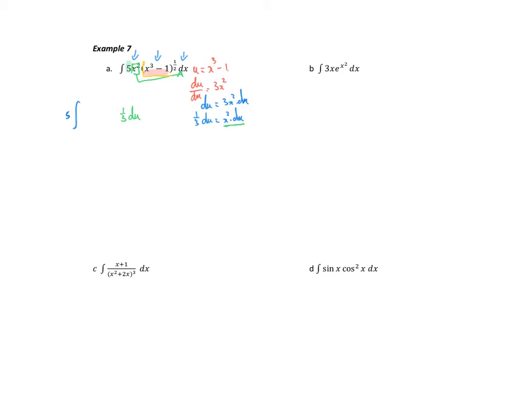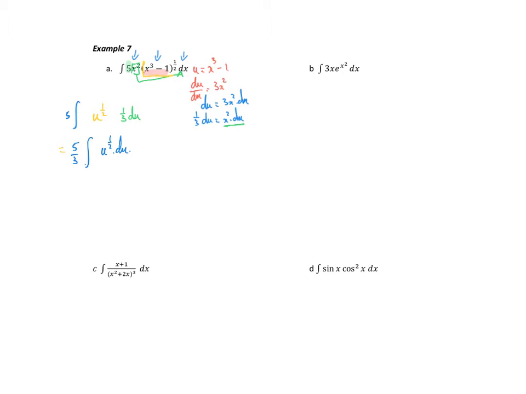That leaves me with x cubed minus 1 to the power of a half. x cubed minus 1 is u, so that's the same as u to the power of a half. So if I tidy this function up, an equivalent integral is 5/3 integral u to the half du. How much easier is that to integrate? That's the beauty of our u substitution.